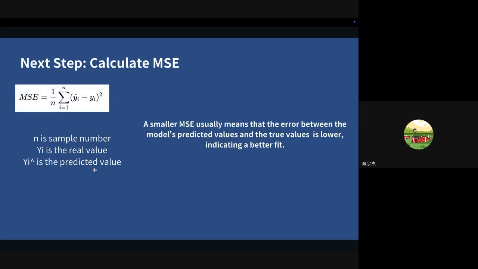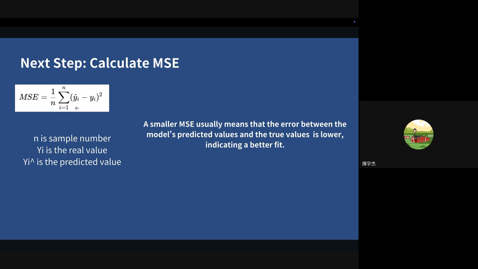The next step is to calculate the loss. In this project, we use the MSE, the mean squared error. n is the number of sample points, y_i is the real value, and ŷ_i is the predicted value.